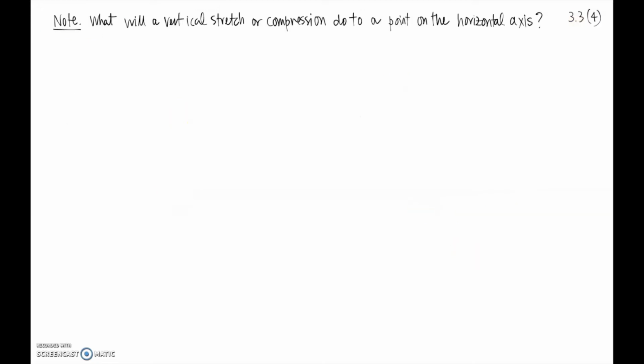Before we end this section, I want us to think about this question here. What will a vertical stretch or compression do to a point that's on the horizontal axis? So say that you have some function, not that one, how about this one?